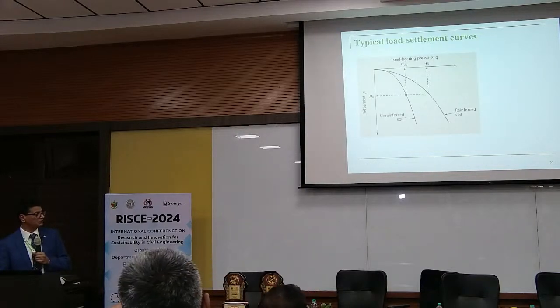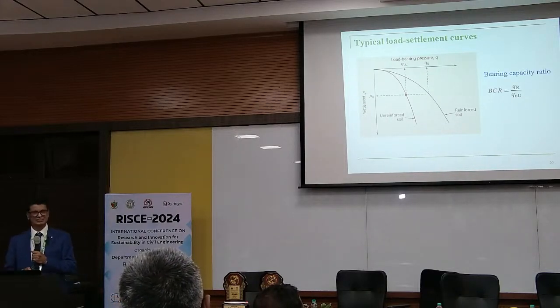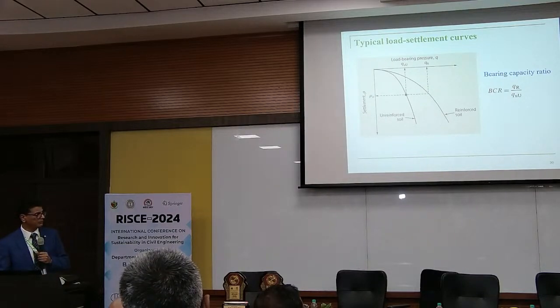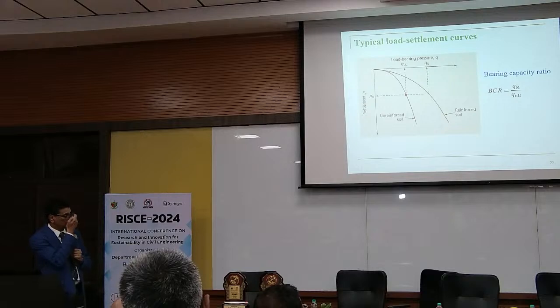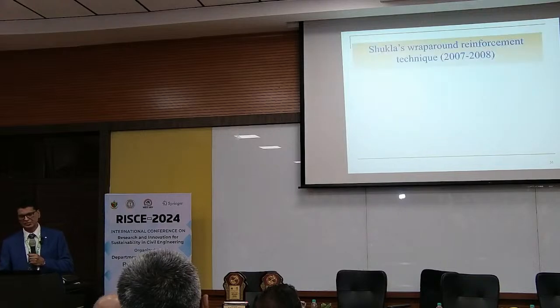Always we explain bearing capacity ratio, the reinforced to unreinforced capacity, that is called bearing capacity ratio. And you can see here that we have better improvement, meaning for reinforced soil, for a given settlement we have increased load bearing capacity.